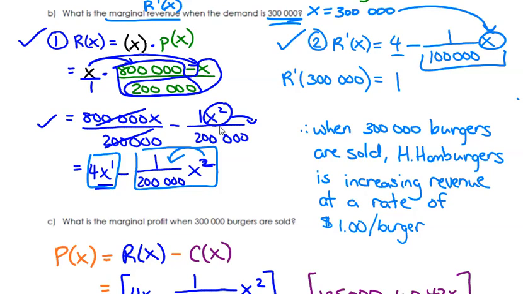This means that when the 300,000 burgers are actually sold, this company is, now remember, derivative means rate, is increasing because this one is positive, increasing at a rate of $1 per burger. So if it was actually a negative one, you would say it would be decreasing by a rate of $1 per burger.